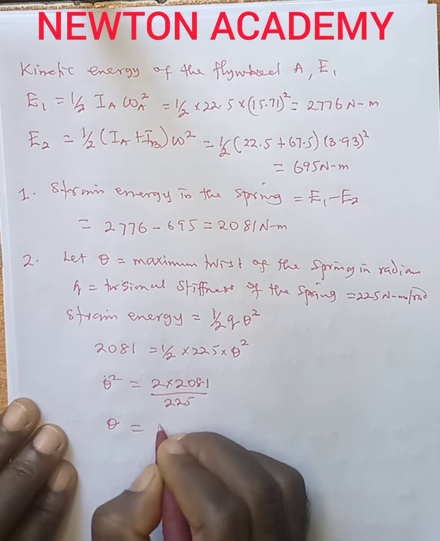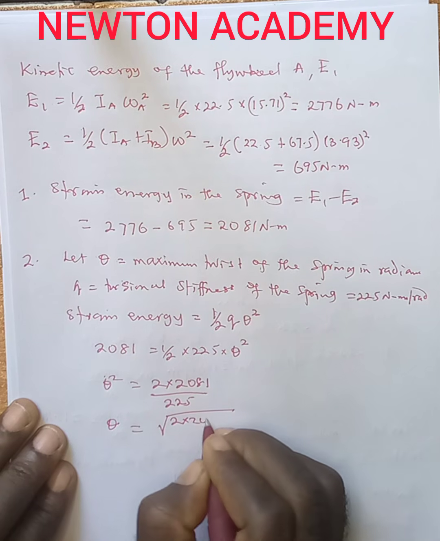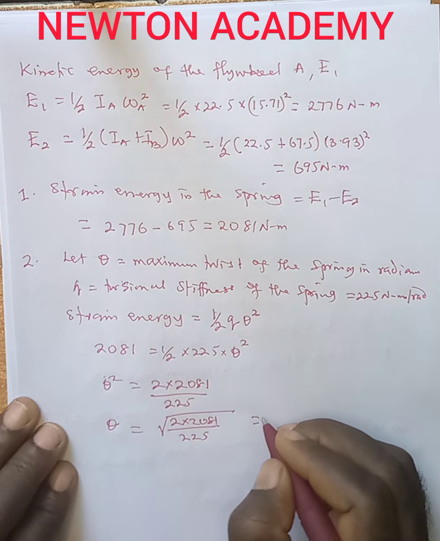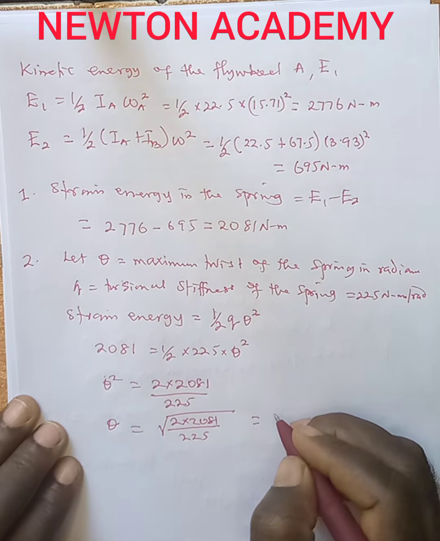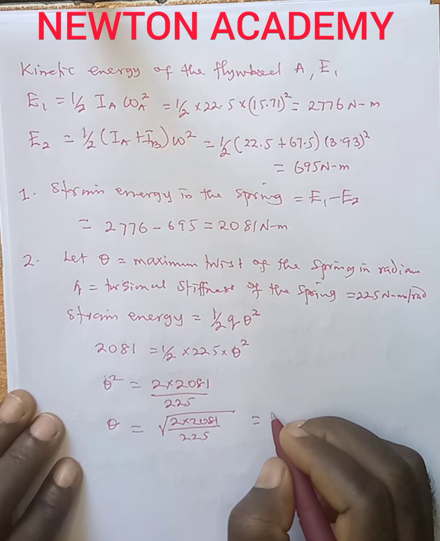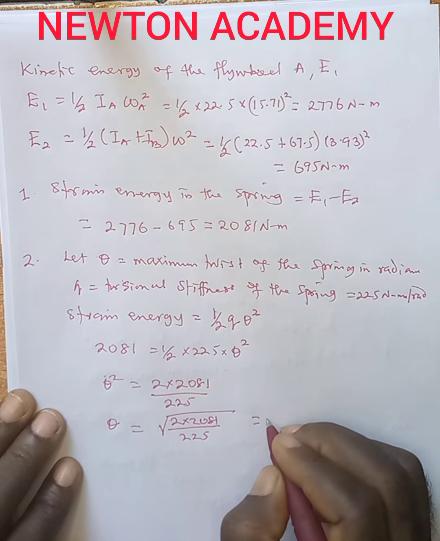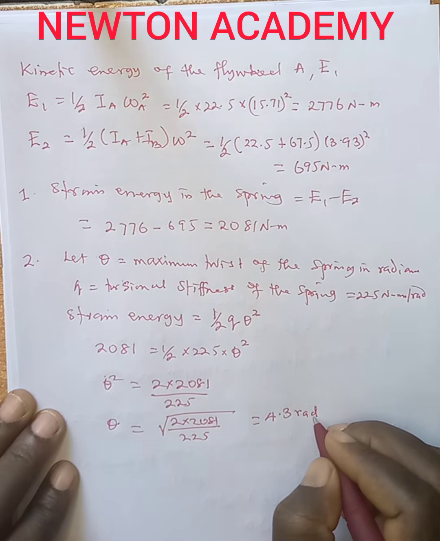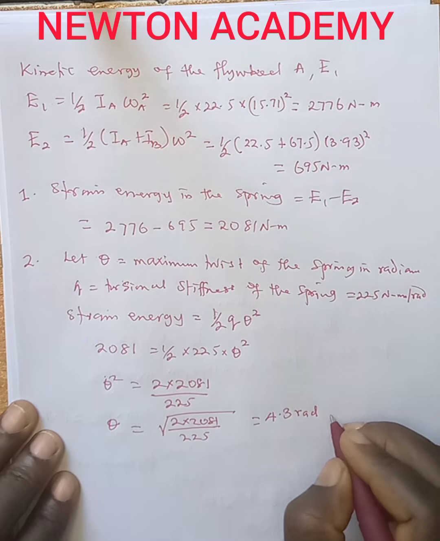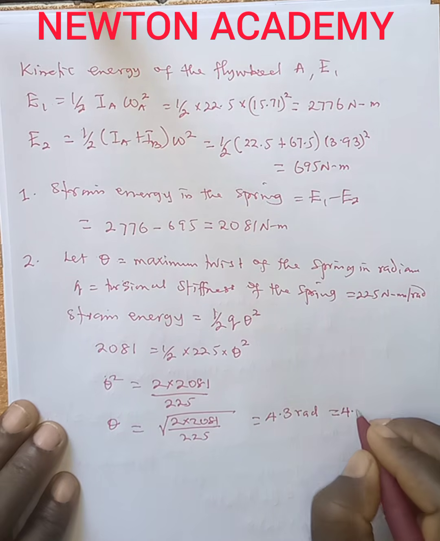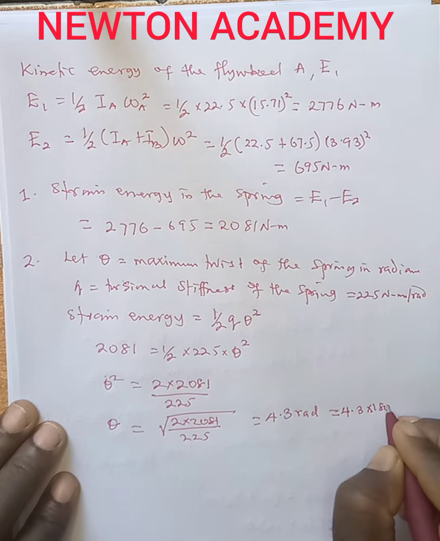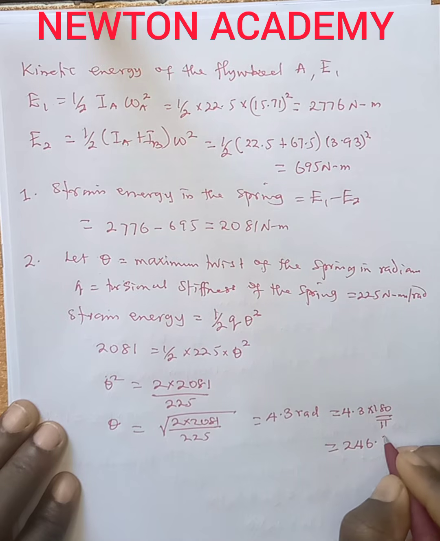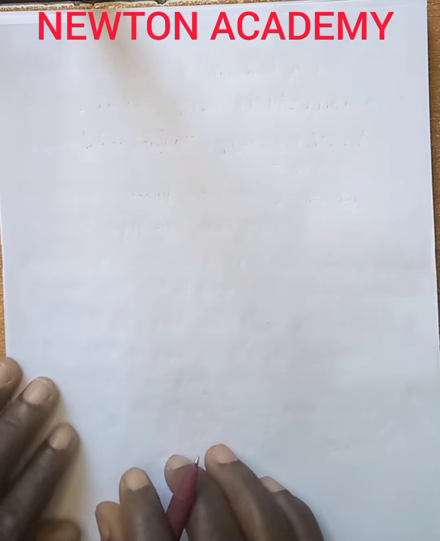Then theta will be equal to the square root of 2 multiplied by 2081 over 225, and this gives 4.3 radian. And converting this one to degree, which is equal to 4.3 multiplied by 180 over pi, and this gives 246.3 degree.